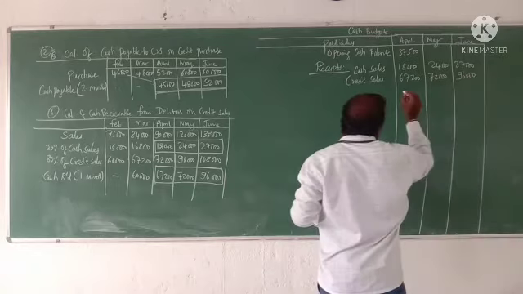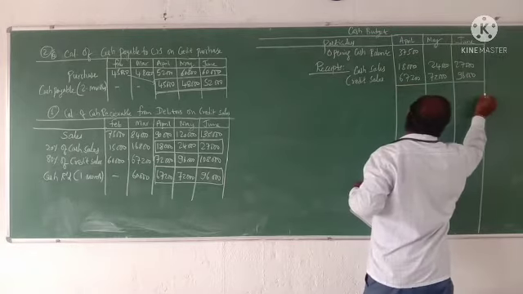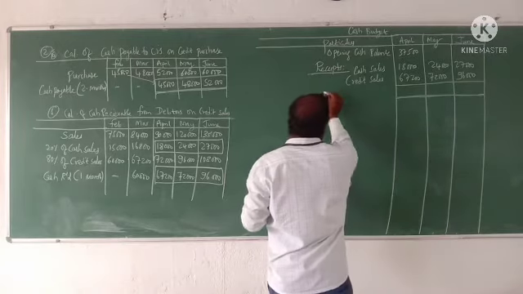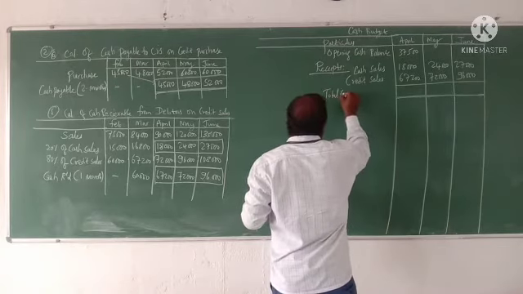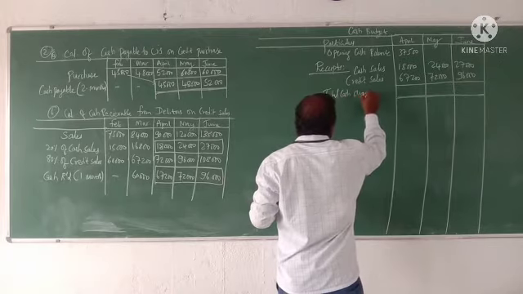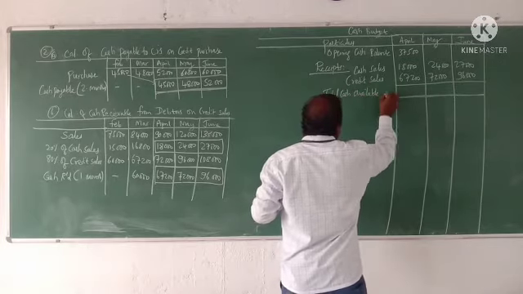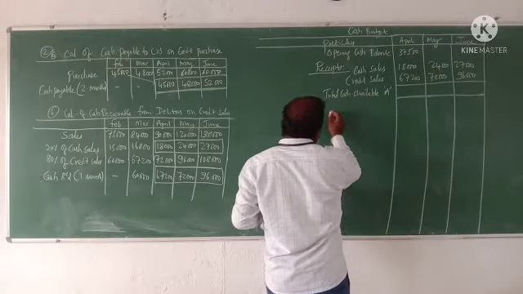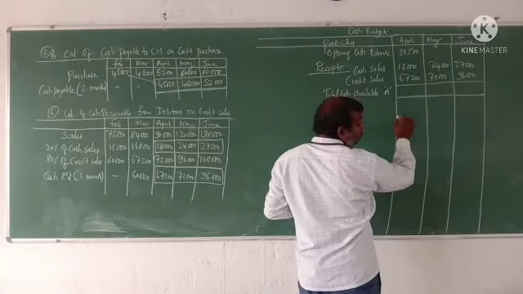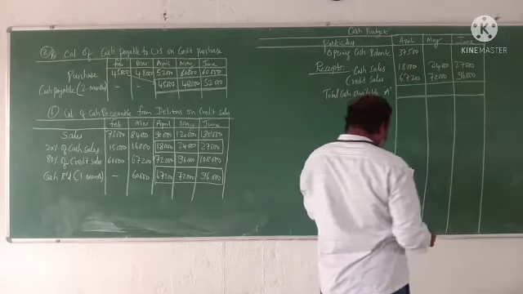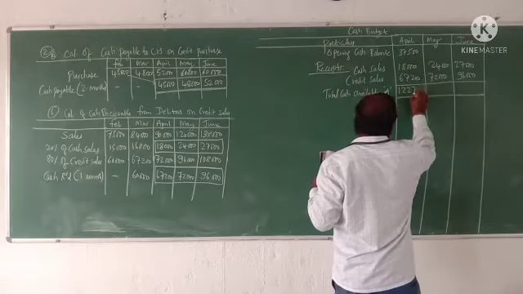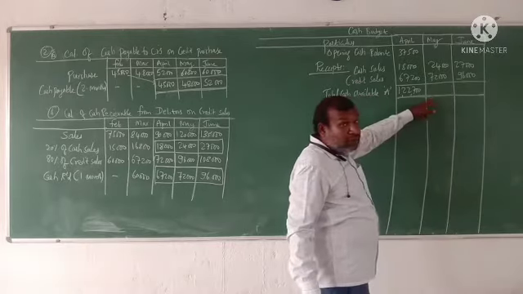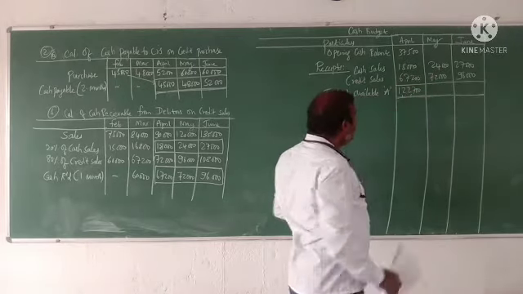Okay. Now close here. For this, you write total cash available, Total A. First, we have to take the total of April month because the opening balance is available: 1,22,700. But for May and June we should not take the total because the opening balance is not available.